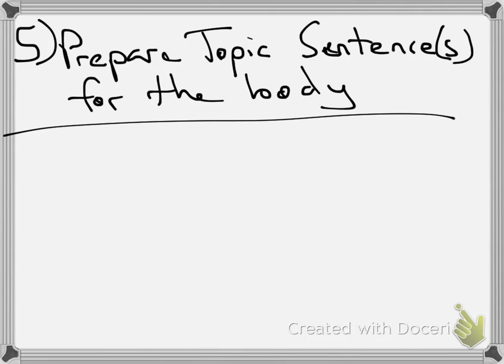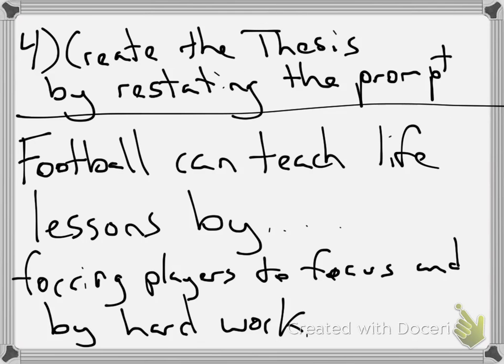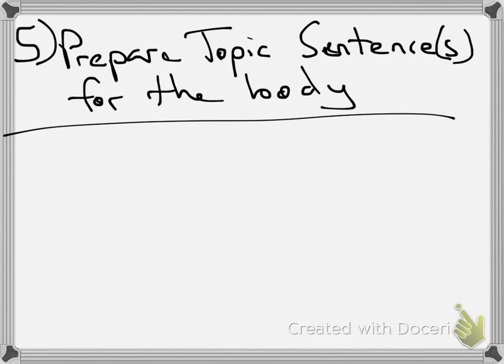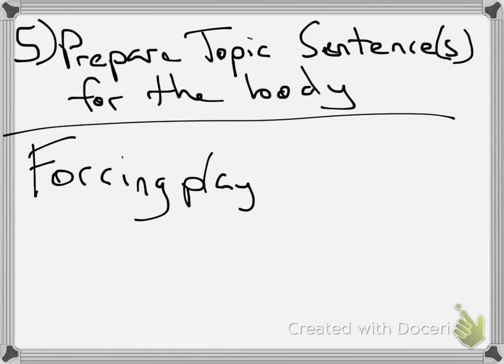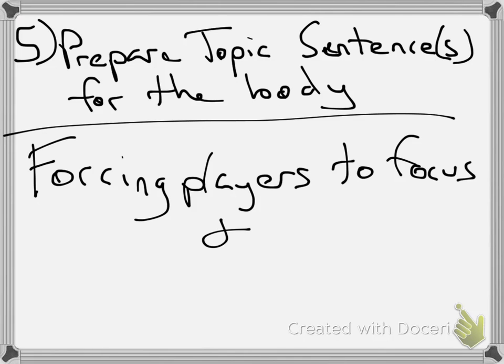Alright, number 5. You need to prepare topic sentences. So we're still in our outline. So we're still deciding how we're going to do this. Well, we've given over here 2 points that we need to focus on through our thesis. So we need to have 2 topics we need to take care of. We need to talk about forcing players to focus and we need to talk about hard work.